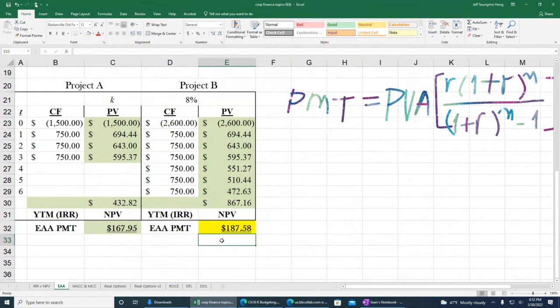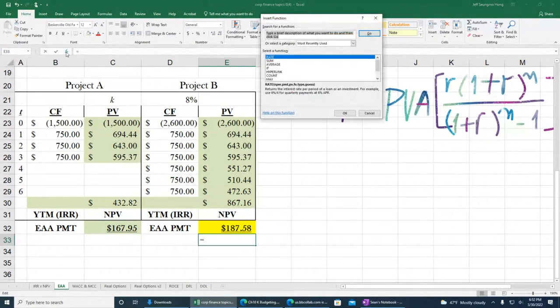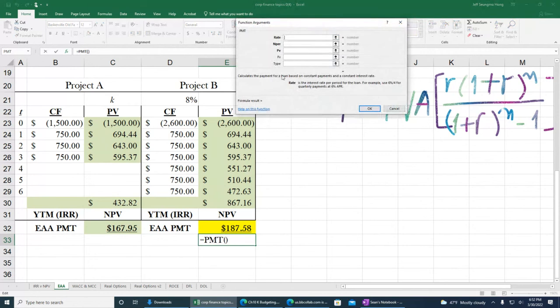Also, you can do it this way. I don't recommend this necessarily, but you can use Excel's built-in function, right? Click function, and then go to financial category, and it's in alphabetical order. So you scroll down until you find payment, P. It will be P, payment. Double click.